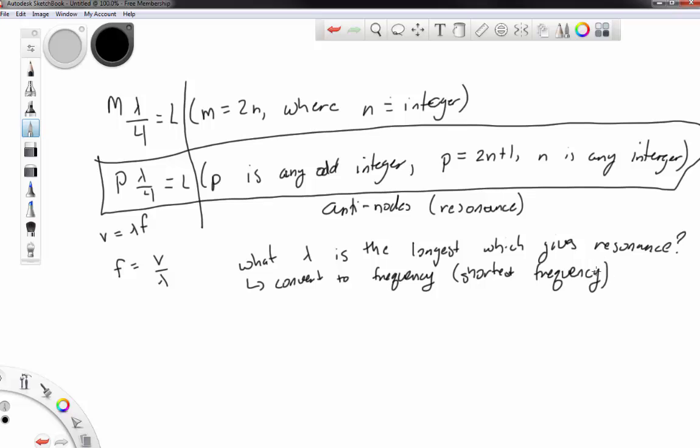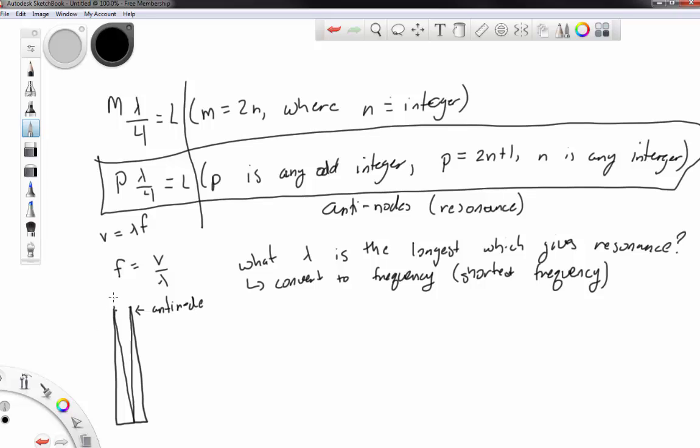So to do that, it might help us to draw a little diagram of the well as a resonance tube. So for the longest possible wavelength that will actually produce resonance, we need to have the wave doing something like this, where this guy right here is the antinode.